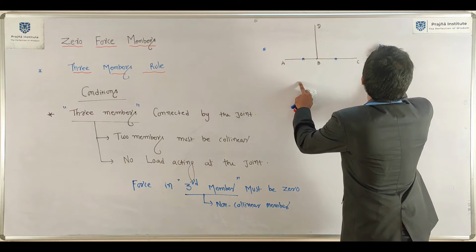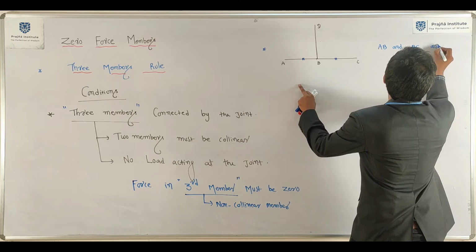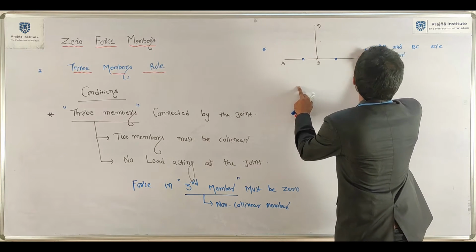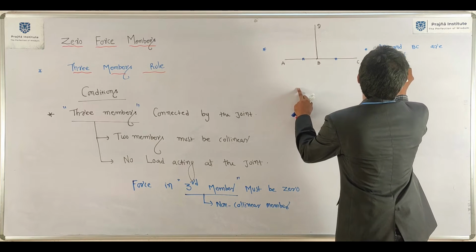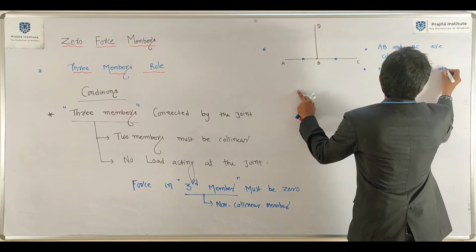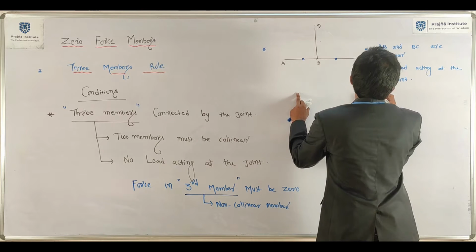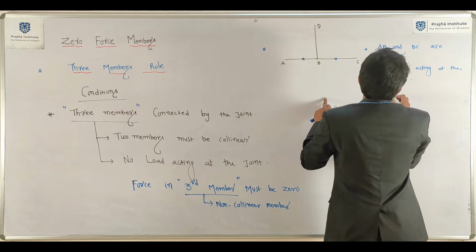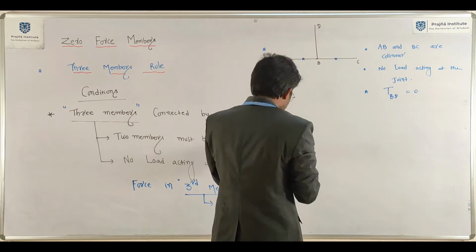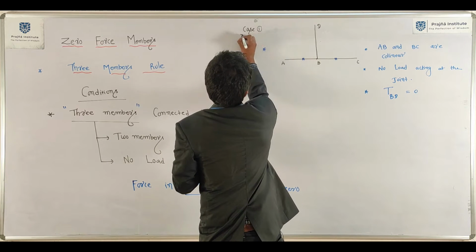Here A, B and B, C are collinear, no load acting at the joint, then the force in the non-collinear member must be zero. Okay, how to prove it? You can call it case 1.